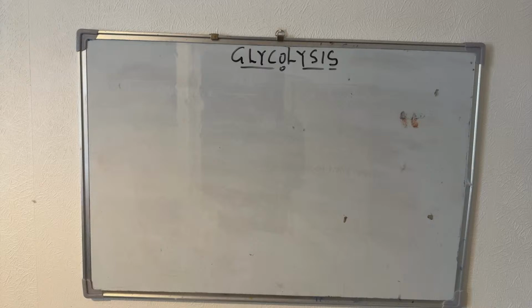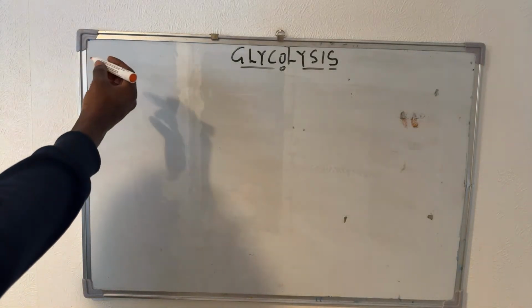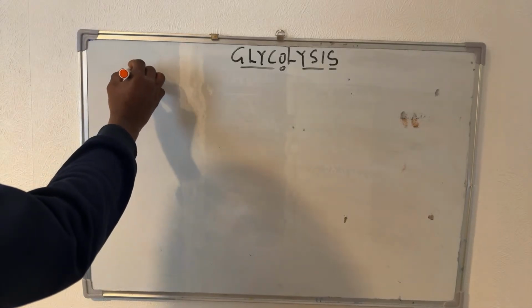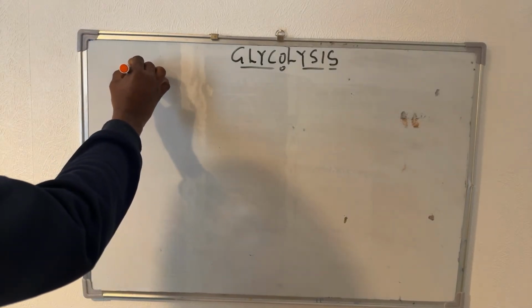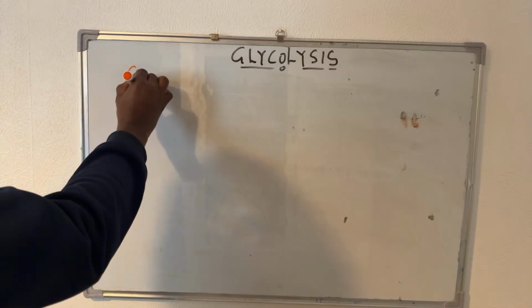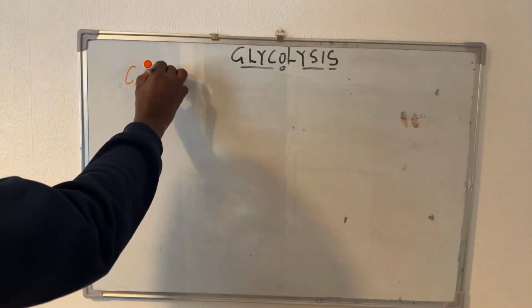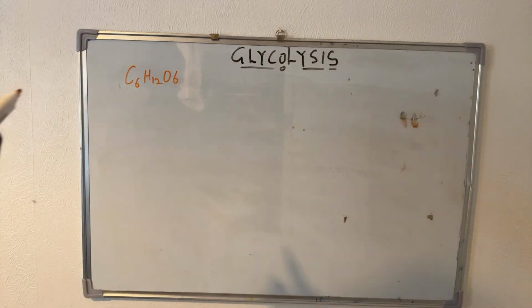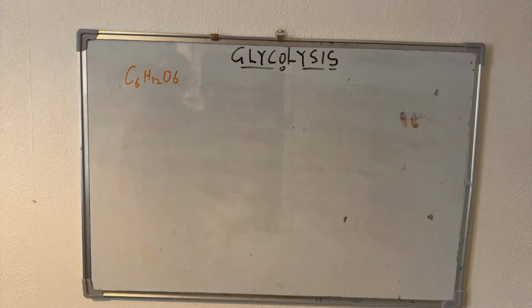In the last two episodes, we looked at carbohydrates and we talked about glucose. By way of recap, we should remember that glucose is made up of 6 carbon atoms. So it's C6H12O6. Right, so that is the formula for glucose.